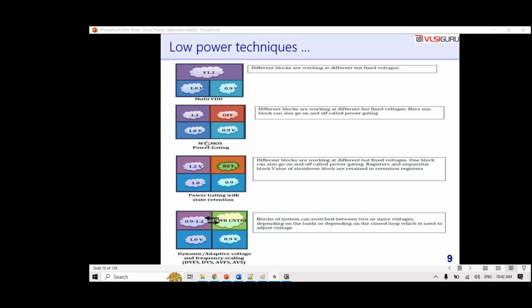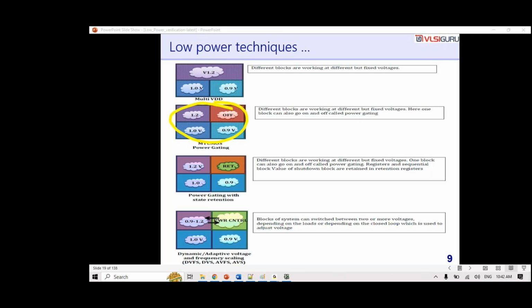What we mean by the term MTCMOS is that this design has different transistors, some with a lower threshold voltage, which are required for high performance. There are some transistors with high threshold voltage, where the requirement is not high performance. A simple example: I have a switch in my room.